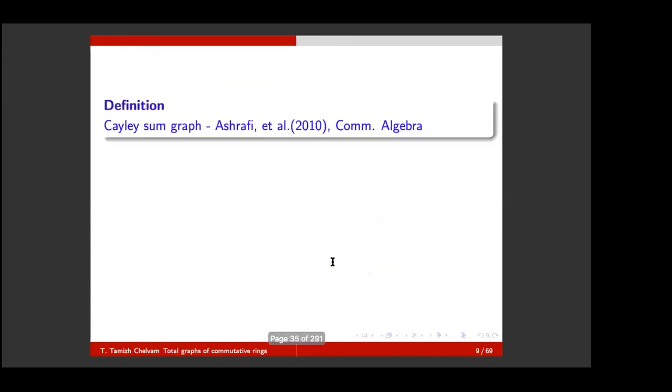And Ashrafi et al., in Communications in Algebra in the year 2010, defined a graph called the Cayley sum graph. Please note, let R be a commutative ring.